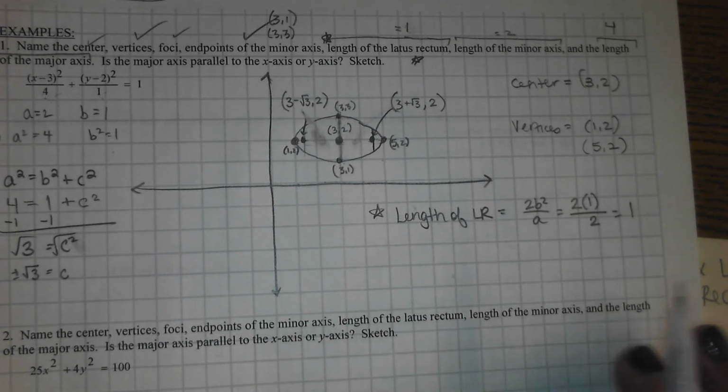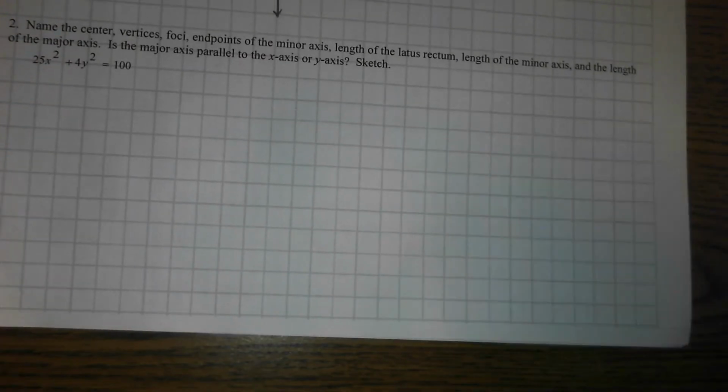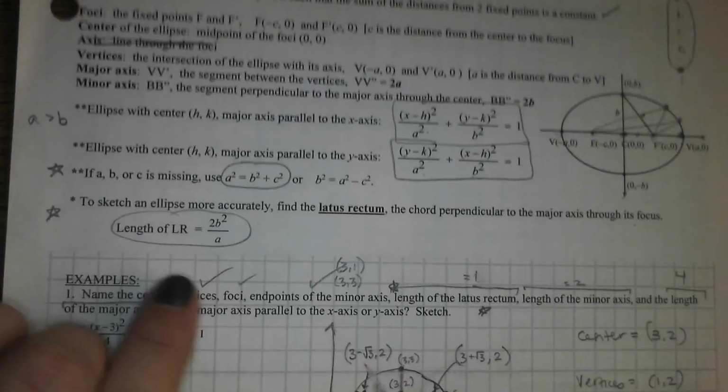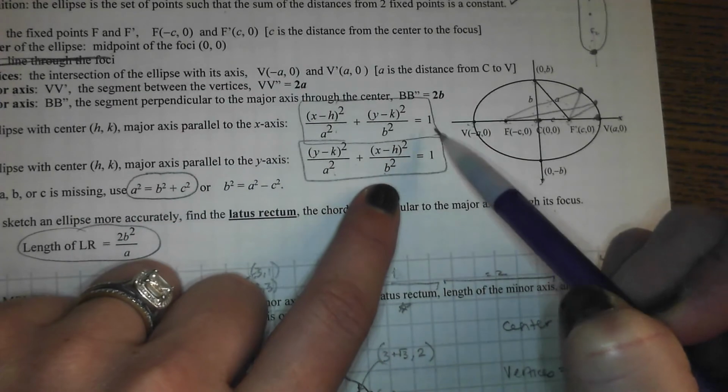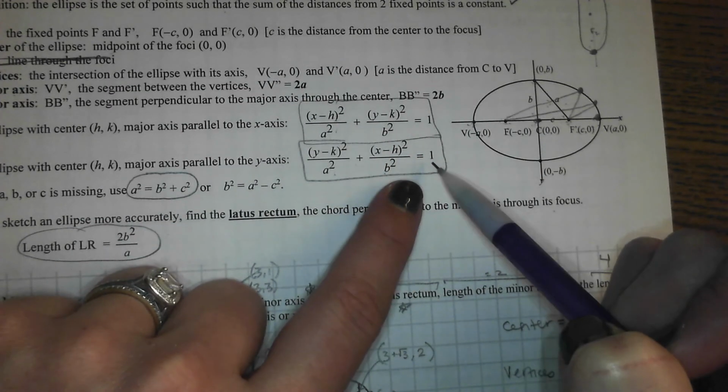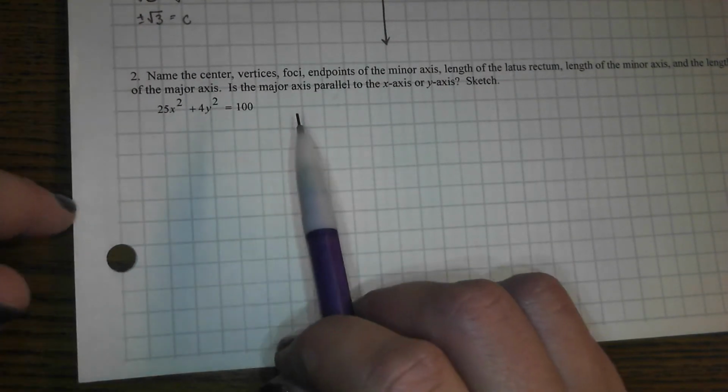All right. Number 2. So we're going to go through these exact same steps. It's just this one's not yet in the right form. So remember that, and this is from yesterday, the ellipse equations have to equal 1, okay? And that's what we don't have in this second example. It equals 100.